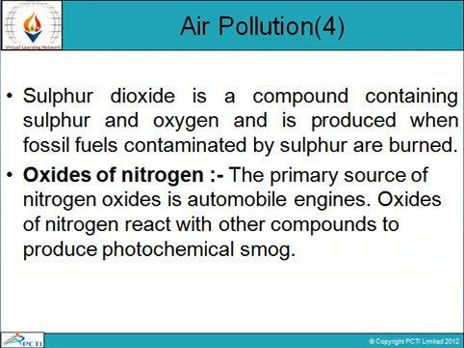Oxides of nitrogen react with other compounds to produce photochemical smog. So this is going to be really harmful for our environment. If we talk about automobile engines, the oxides of nitrogen or sulfur dioxide, all these are main pollutants in the air, and they are polluting the air at a very rapid pace.